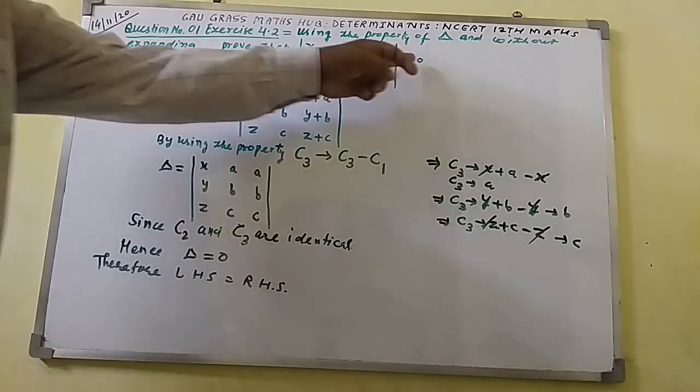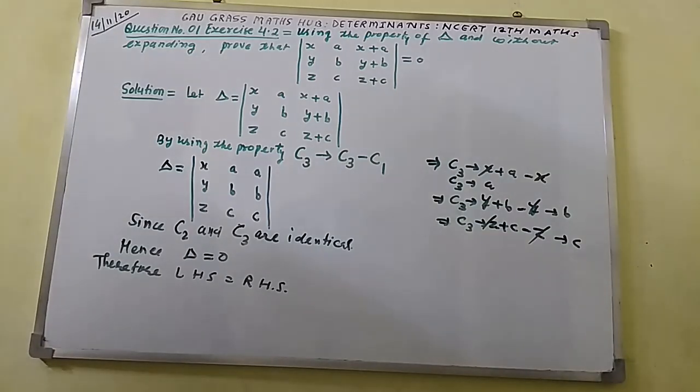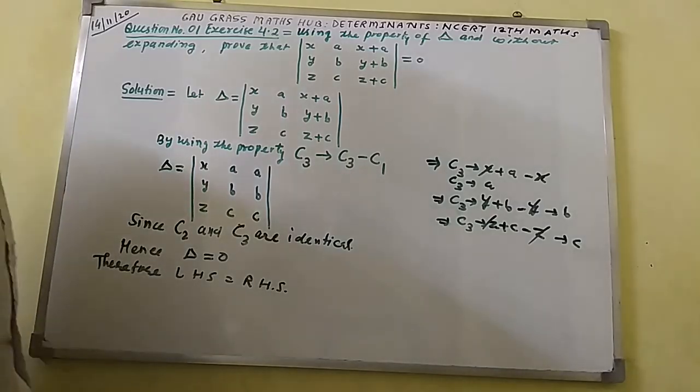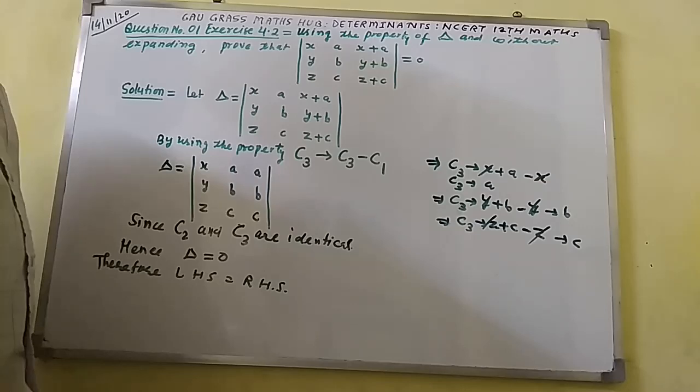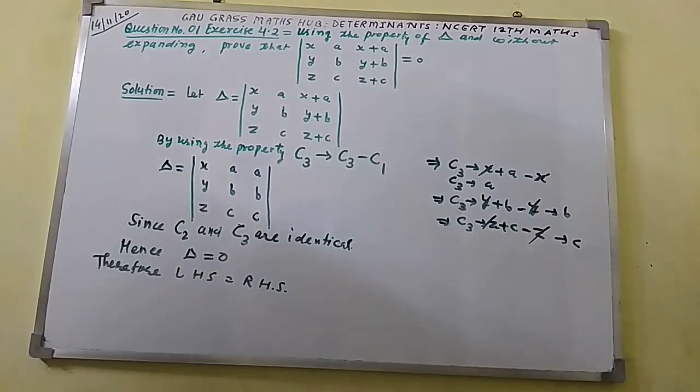This is the proper explanation of question number 1, exercise 4.2, taken from Chapter 4, Determinants, NCERT Class 12 Mathematics.